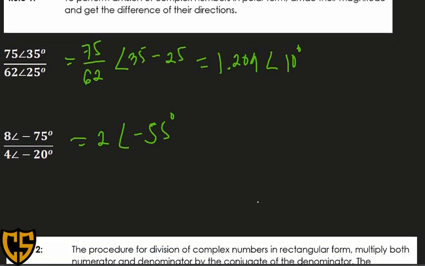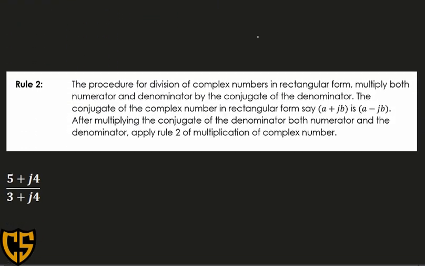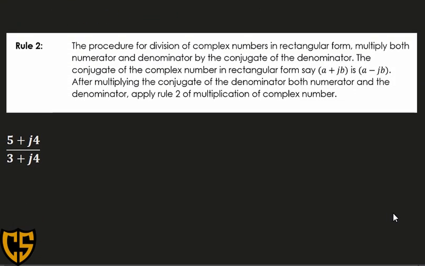Now we are going to proceed with the second rule. If it is not expressed in polar form, but in rectangular form, and you are required to perform the operation using rectangular form, here is the procedure for division of complex numbers in rectangular form. First, multiply both the numerator and the denominator by the conjugate of the denominator.